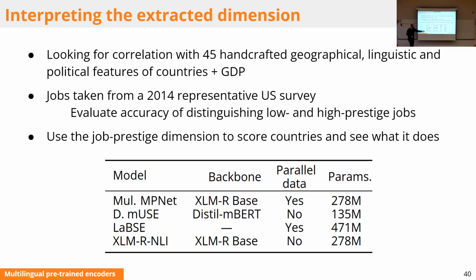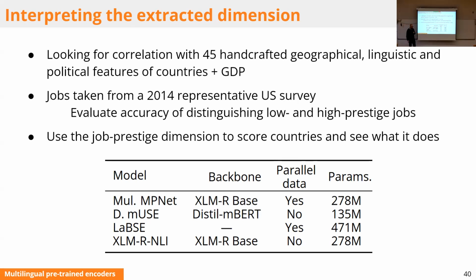And I evaluated these 4 models. This is one of the best multilingual sentence BERT models. This is a pretty small and fast multilingual encoder that was created by knowledge distillation.